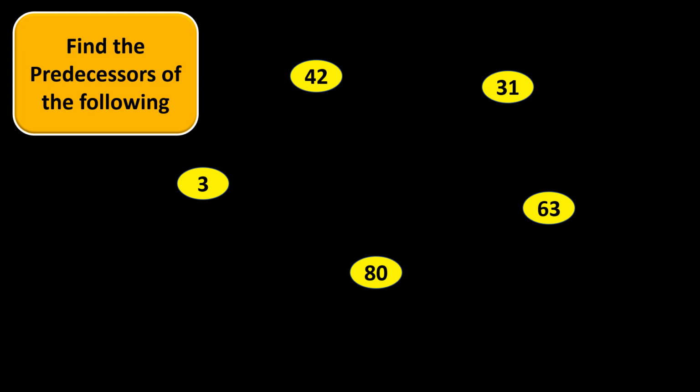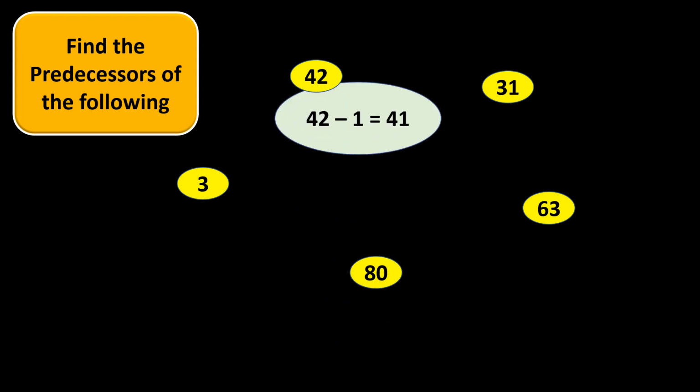Number 6, 42. 7th one is 31. 8th one 3. 9th one 80. And last we have number 10, that is 63. We need to find the predecessors. I hope you have understood and you can solve these sums. So let me make it very easy by solving them.